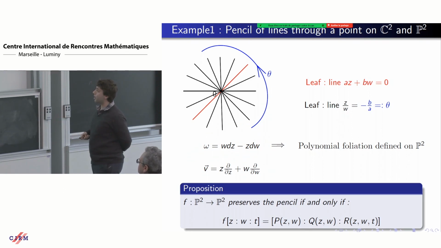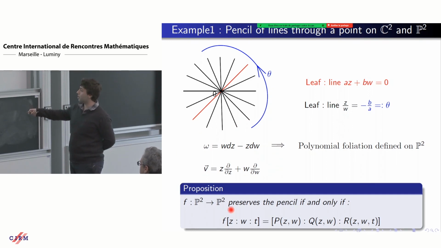You can check that a mapping preserves this foliation on P2 if and only if it has this specific form. What is important is that the first two functions that define F only depend on two variables and not the third homogeneous variable.